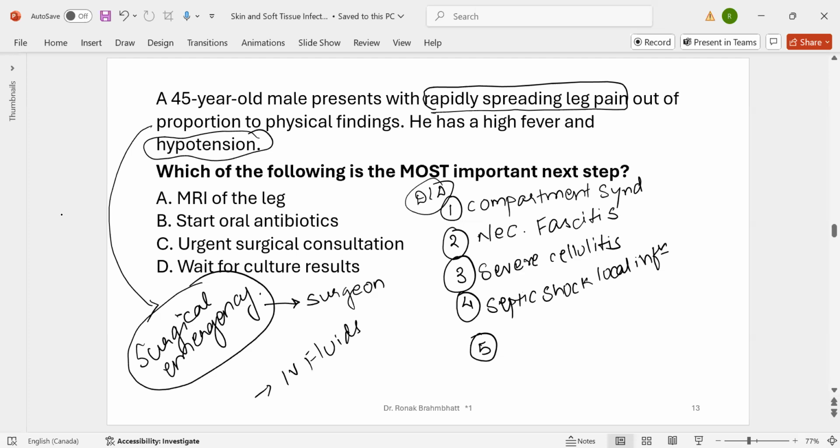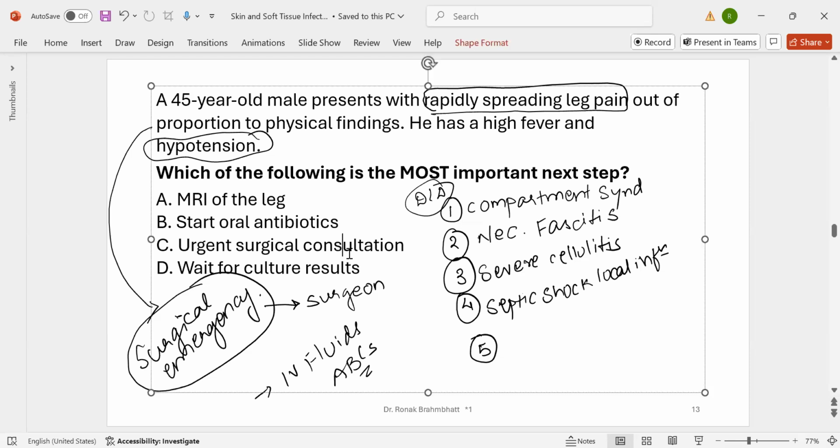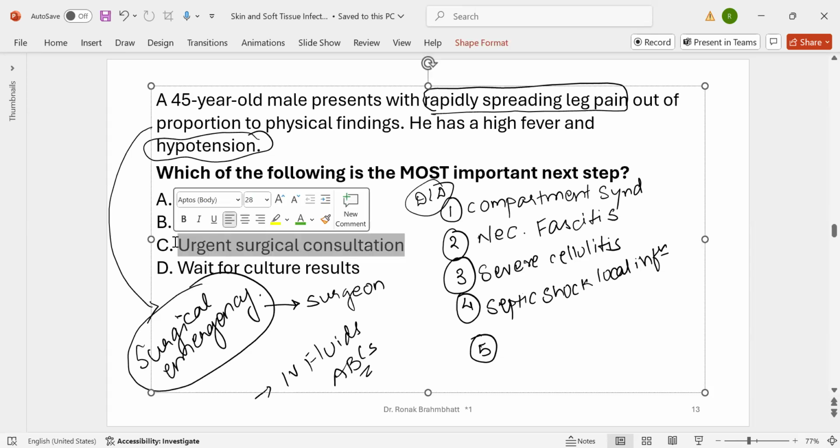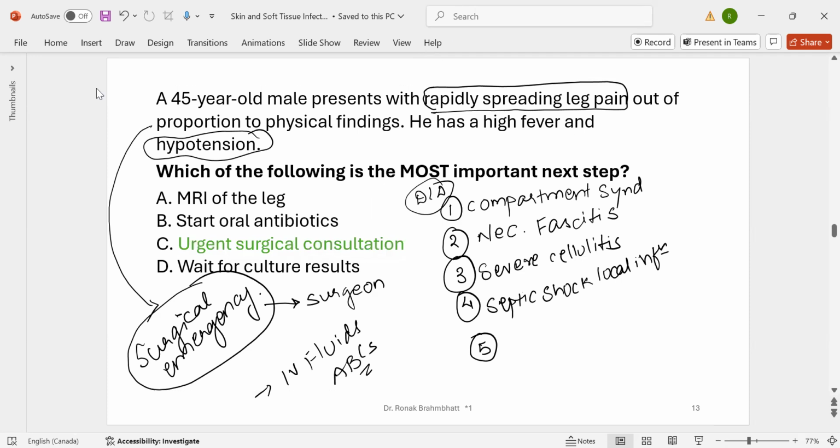We need to stabilize the patient and do our ABCs. But they didn't give IV fluids, so our most important step over here is urgent surgical consultation. We need to fix this surgical badness. Does that make sense, everyone?